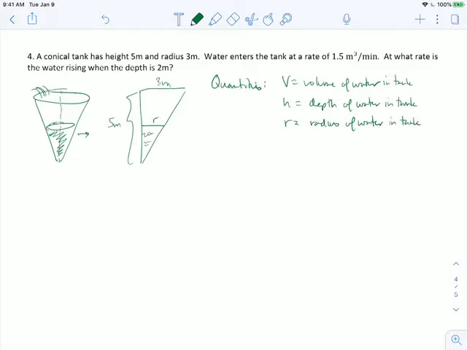And so R is right there, and H is right there. So that's our first step.